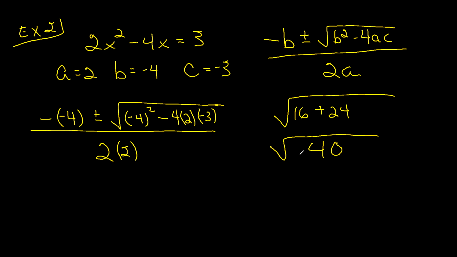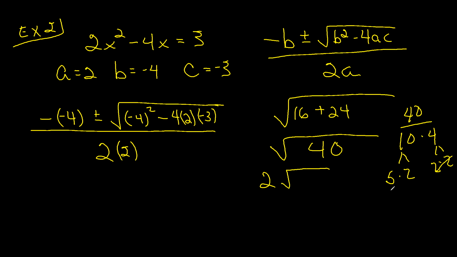And the square root of 40, I want to simplify this as well. So let's see, what is that going to be? I'll break 40 down to be 10 times 4. 10 breaks down to be 5 times 2. And 4 breaks down to be 2 times 2. So for every pair of 2s I take 1 out. So a 2 will come out front, and I'm left with the inside of 5 times 2, which is 10. So all this up top is going to be 2 root 10.